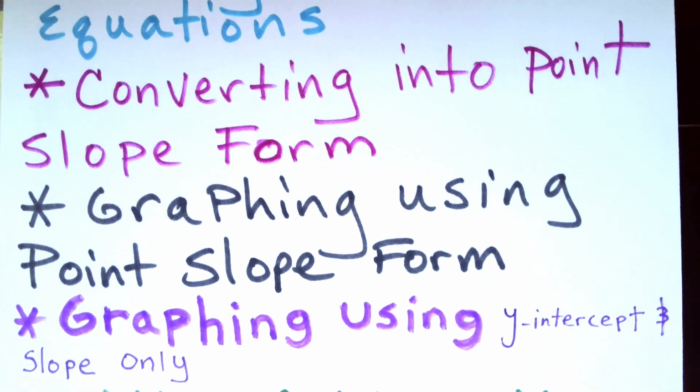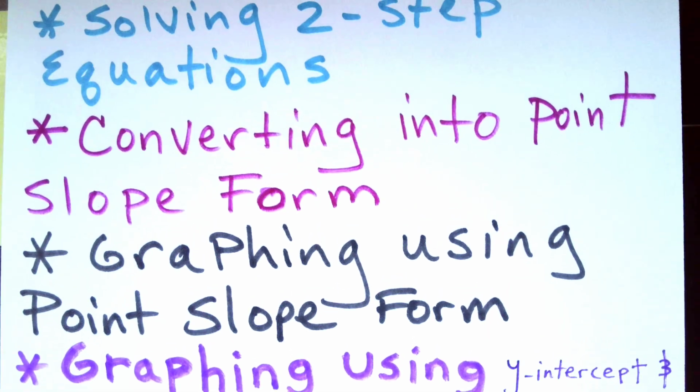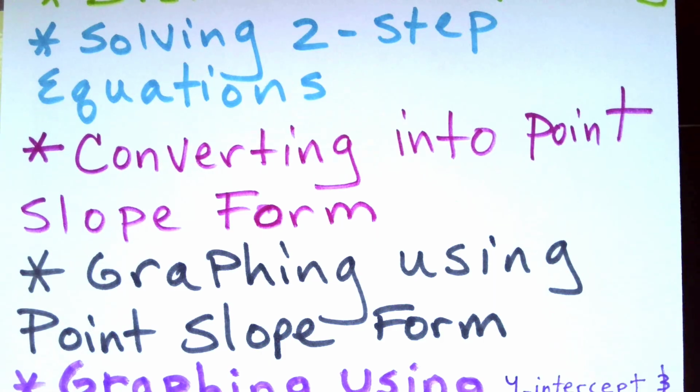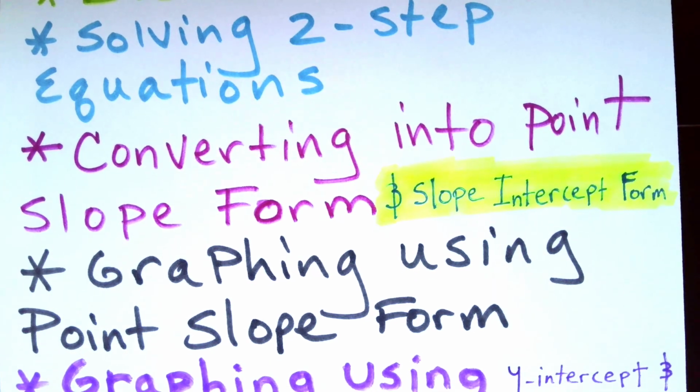Let me write that down for you. I don't want to leave you hanging with any questions or confusions. So let me clarify. Here it is, I highlighted it for you.